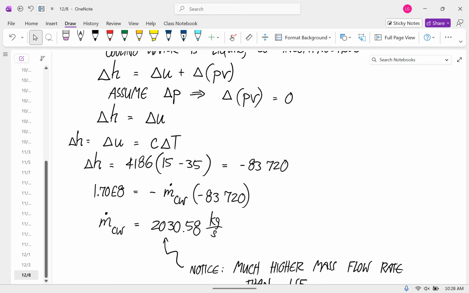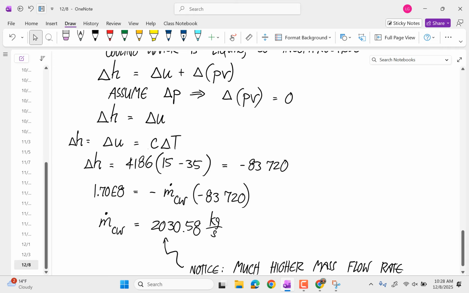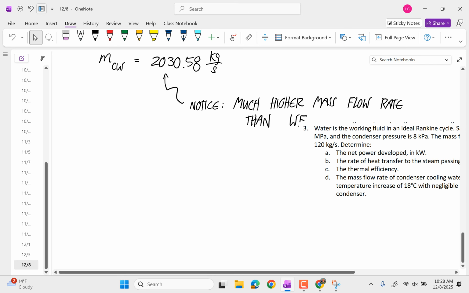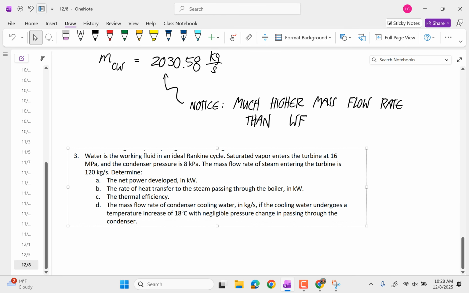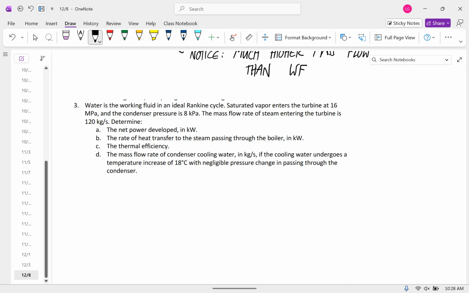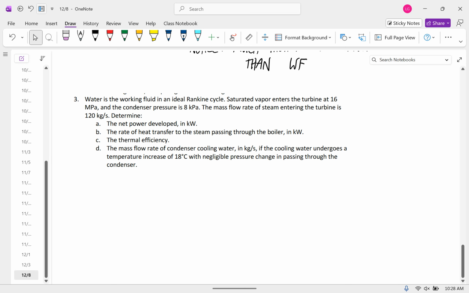Okay, let's go to number 3. We have an ideal Rankine cycle. So let's think about what this process looks like.